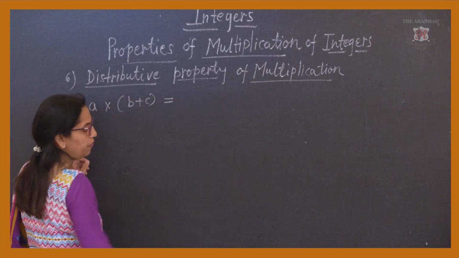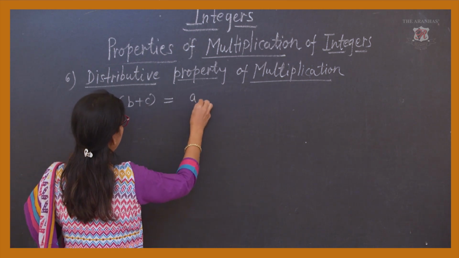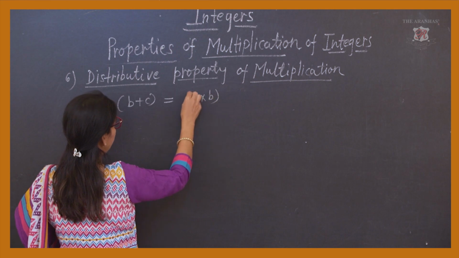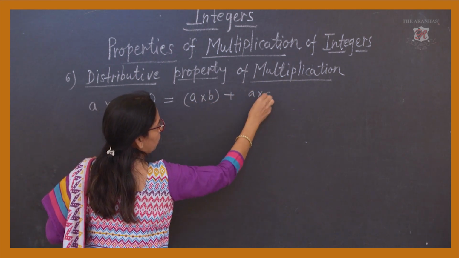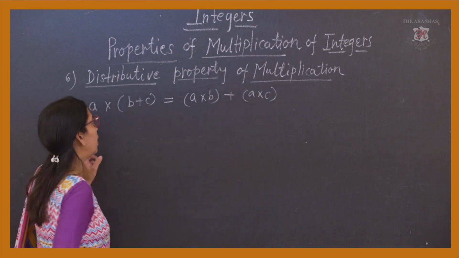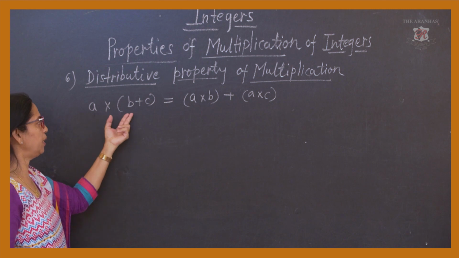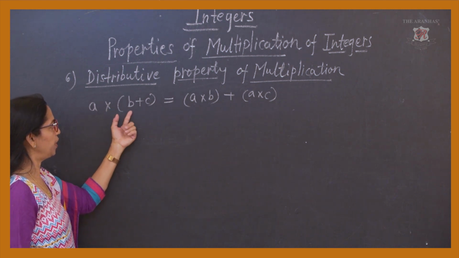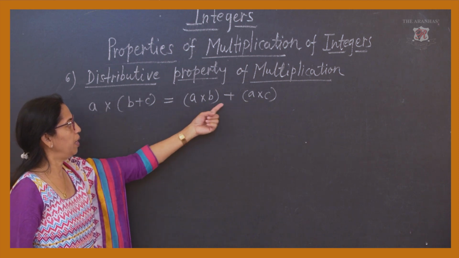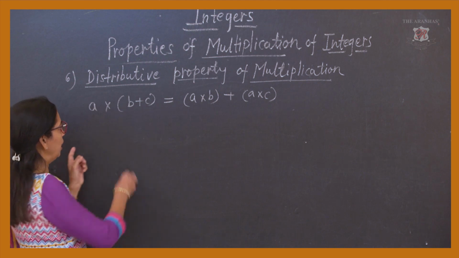So here we will have the answer as a into b plus a into c. So with this integer a, when you multiply inside the bracket, you will get a into b, plus this plus sign, a into c.